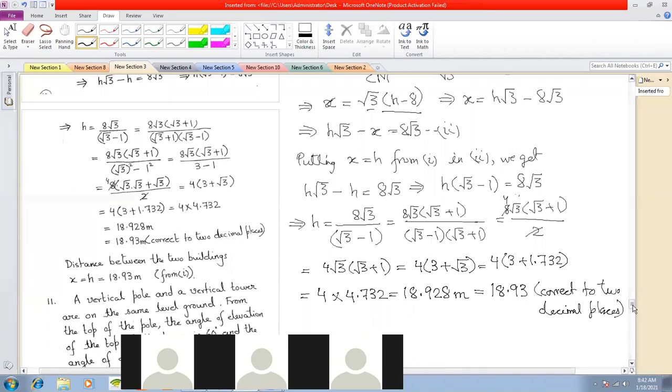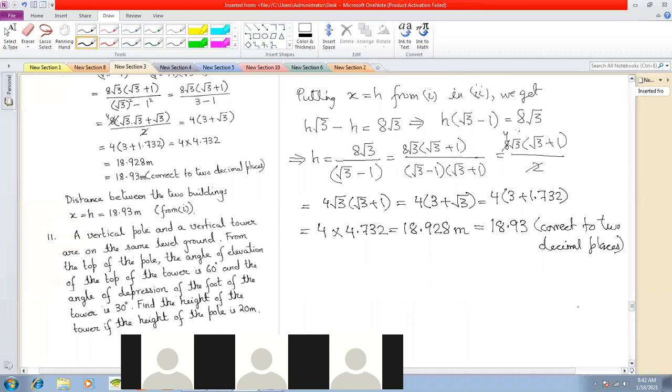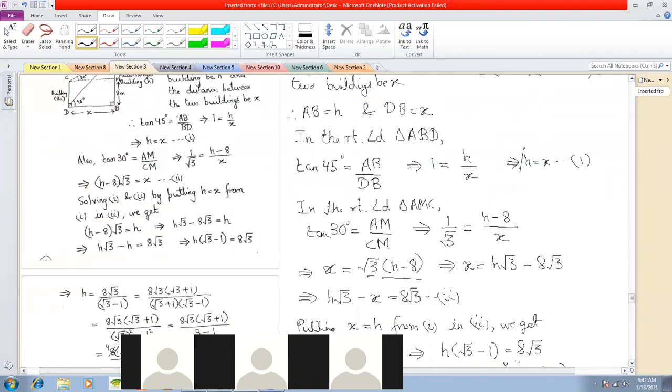Okay, so this was the height of the building. Now in order to find the distance between the buildings, you will use equation 1. From 1, x is equal to h, which is 18.93 meters. Whatever value of h you get, that must be equal to x.